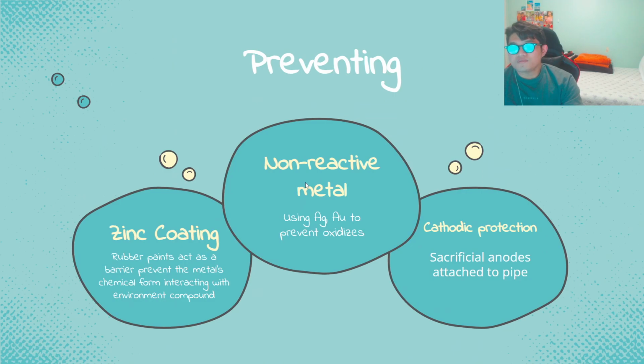And non-reactive metals, like silver or gold, prevent oxidation, and they're used in smart parts of cables or jewelry. Last one, cathodic protection. That's where the iron part is connected to the negative terminal of the power supply.